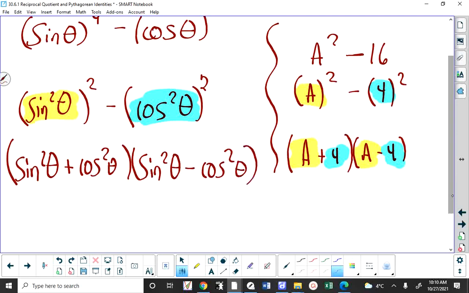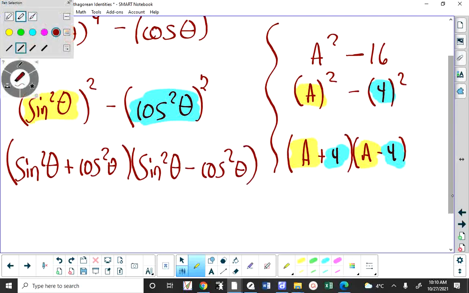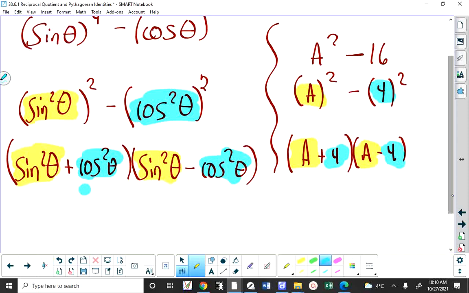And at the risk of overloading your senses with colors, this is what's going on, right? It's yellow squared minus blue squared equals yellow plus blue times yellow minus blue. Is this helping at all? Okay.